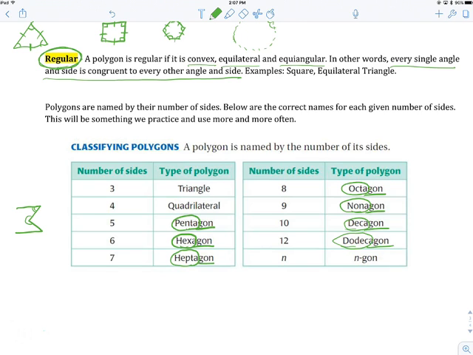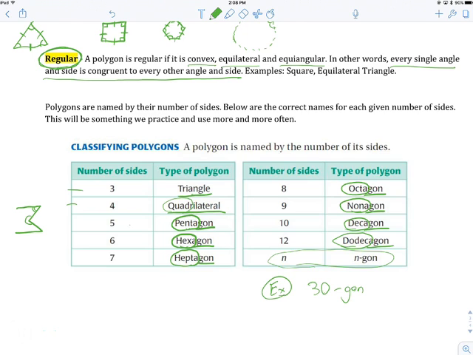Penta means 5. And then the two that don't follow that format are triangle and quadrilateral. Quad meaning 4, actually means square. But so quadrilateral, triangle don't fit that form. Otherwise 5, 6, 7, 8, 9, 10. Those are the ones you should be comfortable with. Otherwise, we just write n-gon. So for example, we could just say, hey, this is a 30-gon.